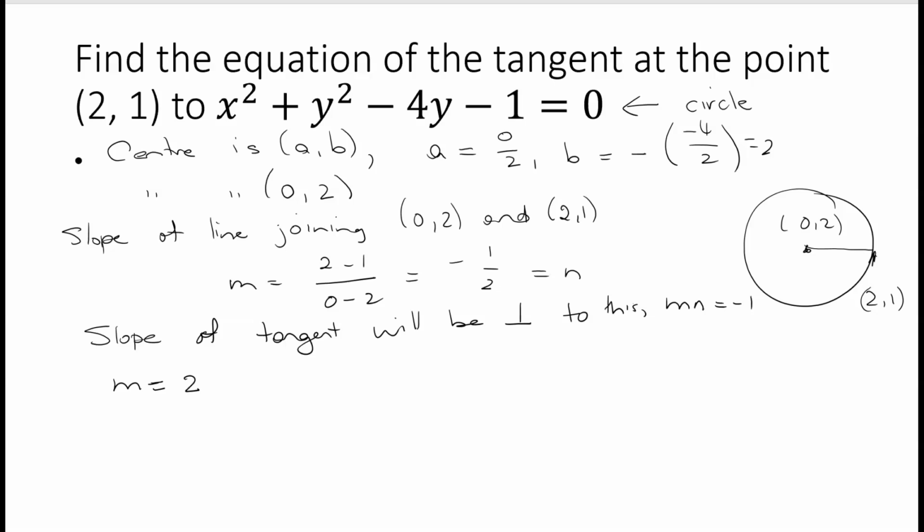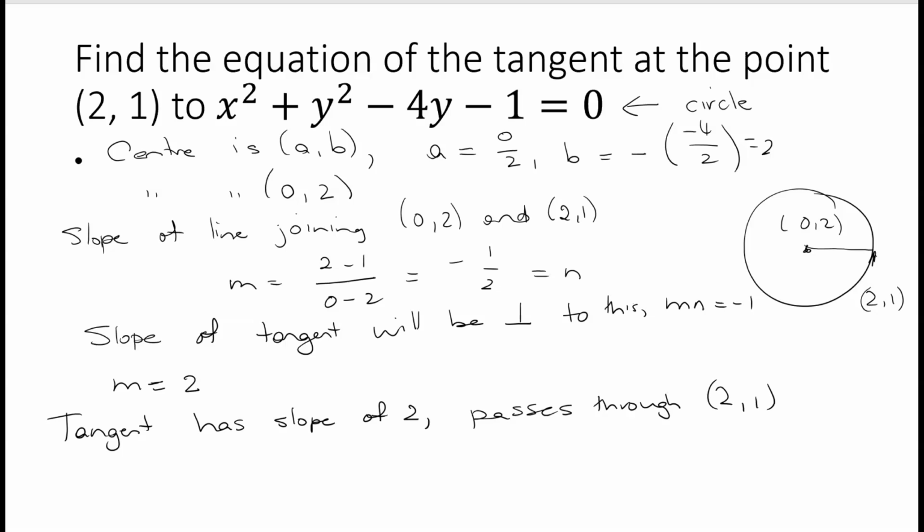Okay, now we know enough to find the tangent. So the tangent has a slope of 2 and passes through 2, 1. All right, so we can use any variant of how to find that.